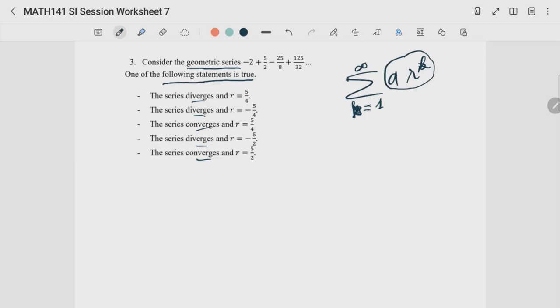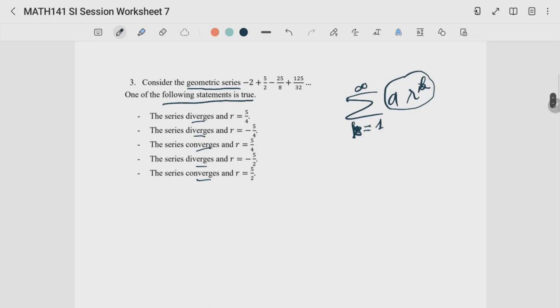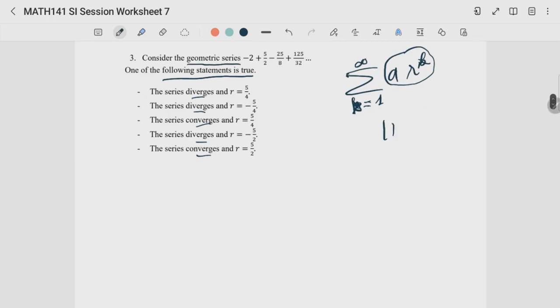Now, the way that you check if this geometric series is converging or diverging is you need to have the absolute value of r less than 1, right? So that's the rule for convergence. The absolute value of r has to be less than 1.